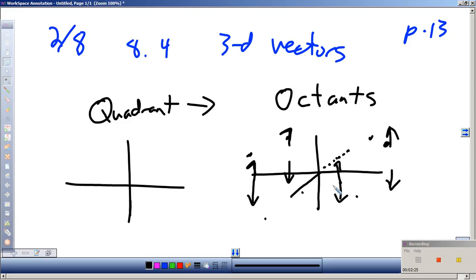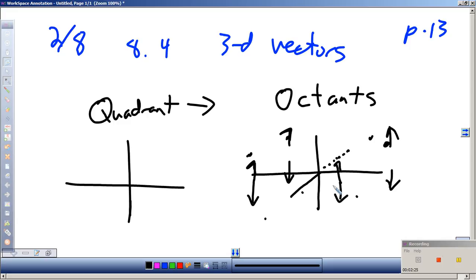They got 1, 2, 3, 4, 5, 6, 7, 8. So as we see, this is a complication when you're dealing with 3 dimensions versus 2 dimensions. We're drawing on 2 dimensions, yet we need to represent 3 dimensions.